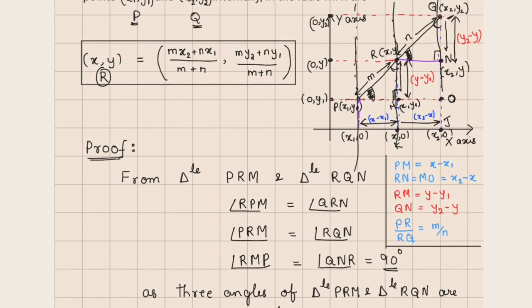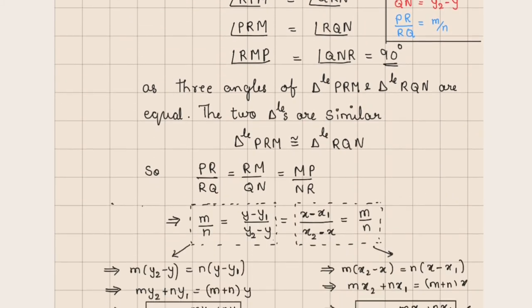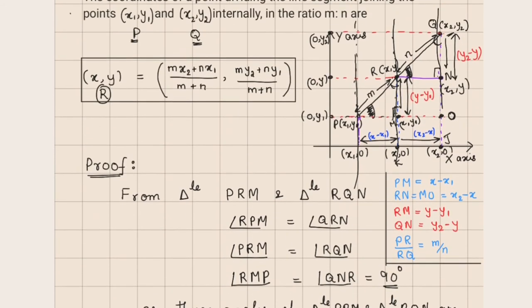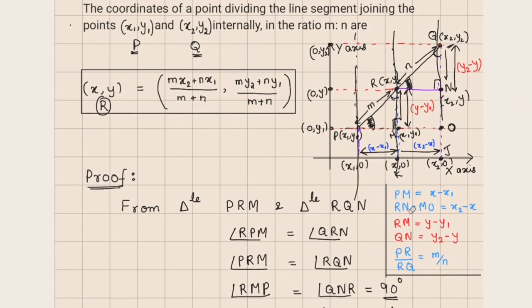So here PR corresponds to RQ, PM corresponds to RN, and QN corresponds to RM. So those ratios will be equal: PR by RQ equals RM by QN equals MP by NR. We know that PR by RQ is m by n. We need to know RM and QN. What is RM? Let's see. I have written it here.